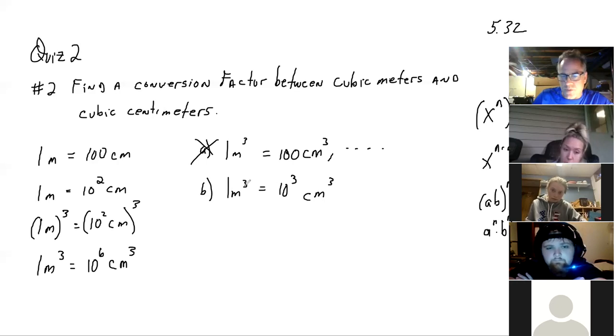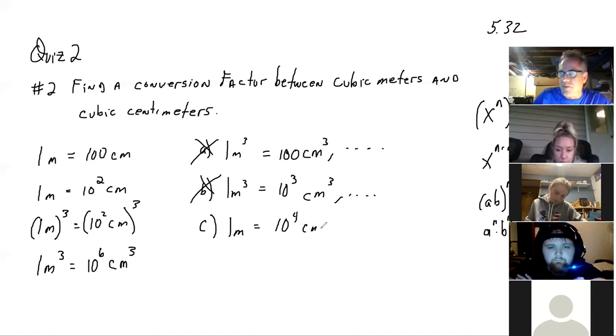Again, this is not correct because it's ultimately 10 to the 6th. And again, it has some other things here. C has 1 meter cubed equals 10 to the 4th centimeters cubed. Again, that's not correct. So literally the first 3 you can eliminate without even looking at anything else that's written past the comma.